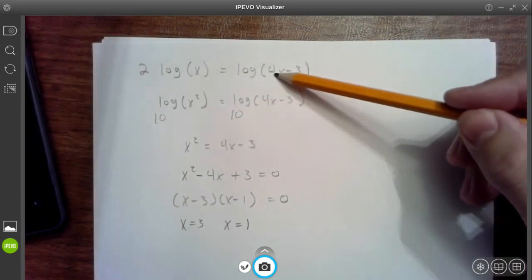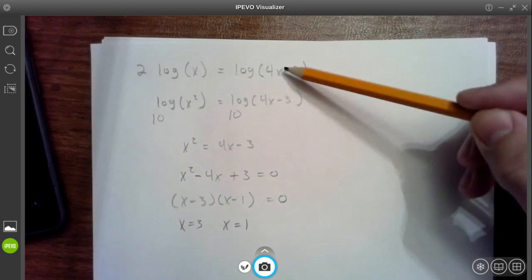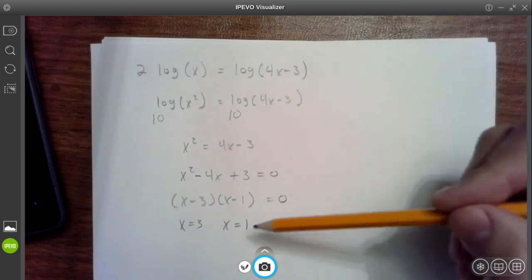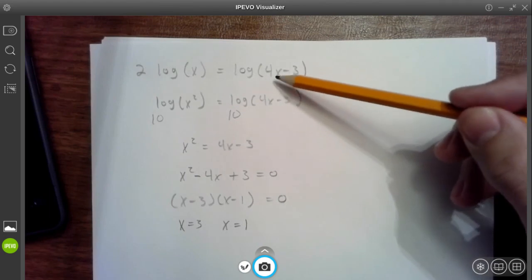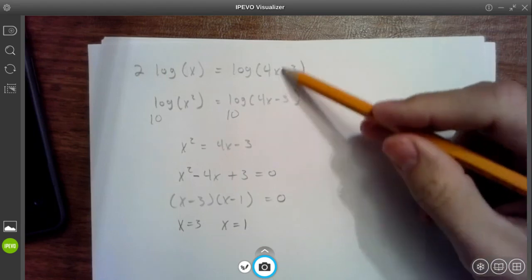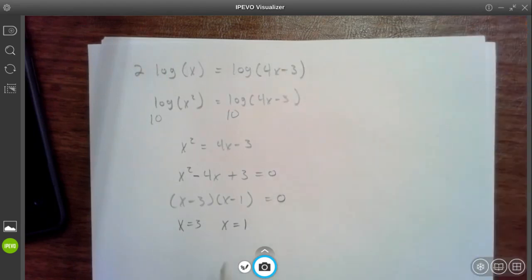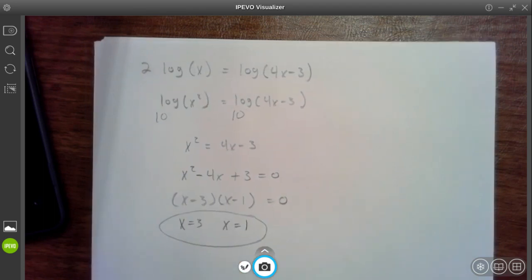And if you do log of 4 times 3 minus 3, that'll give you 9 over here, which is also fine. And if you plug in 1, 4 times 1 is 4, 4 minus 3. Yes, that's totally fine. You can get log of positive 1 here. So both of these are solutions. Like if this was a negative 3 for some reason, that would be bad because you can't do the log of a negative number.